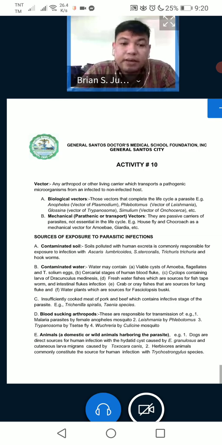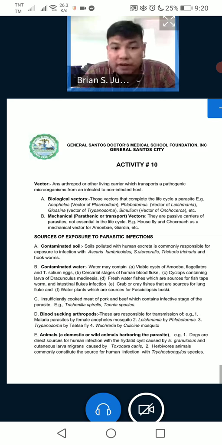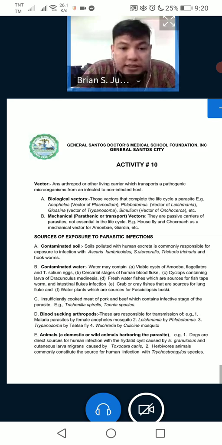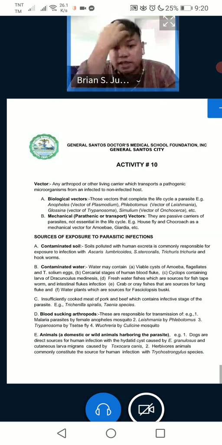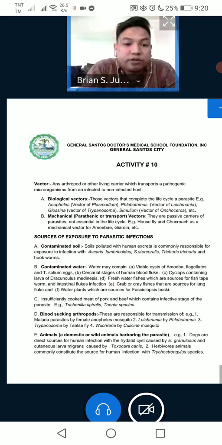Another is contaminated water. Water may contain viable cysts of amoeba, flagellates, and Taenia solium eggs, cercarial stages of human blood flukes, cyclops containing larvae of Dracunculus medinensis, and freshwater fish, which are sources for fish tapeworm and intestinal fluke infection.